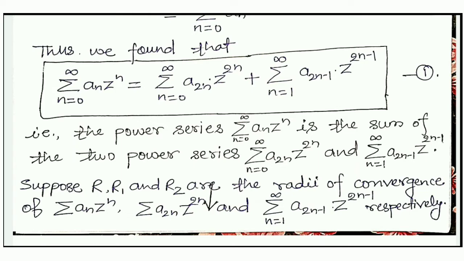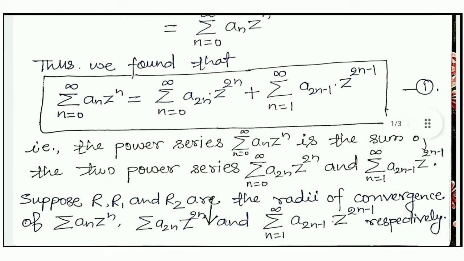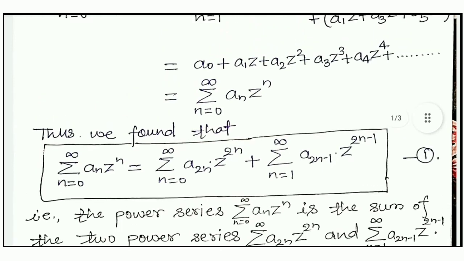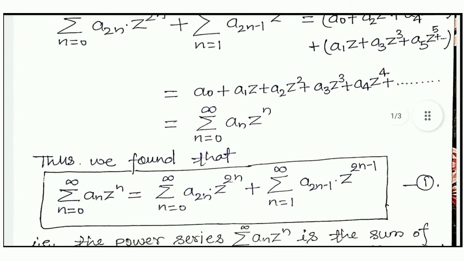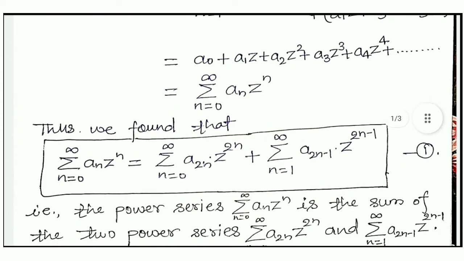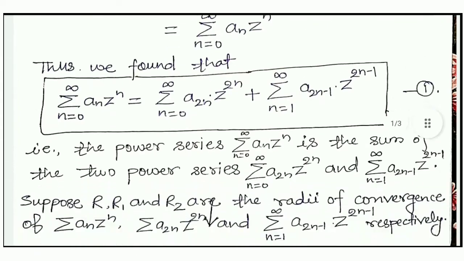And one more fact: if we look carefully, the first power series, summation a_2n z to the power 2n, gives the even terms of the power series a_n z to the power n, while the second power series, a_2n minus 1 z to the power 2n minus 1, gives the odd terms of the power series a_n z to the power n.